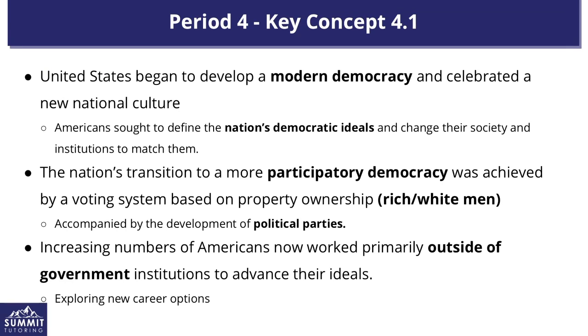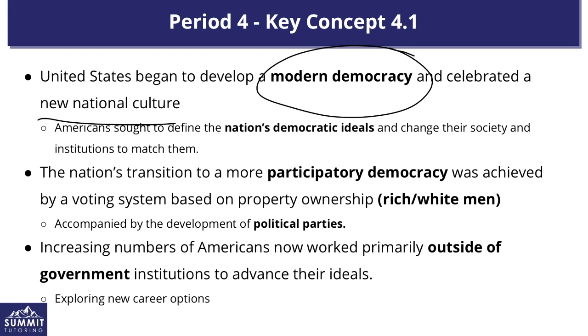All right, so let's look at our key concept for 4.1. The U.S. began to develop a sense of modern democracy. It's the first time in our new national culture that we're going to see this modern democracy brought into our society and the way that the Americans were living at the time.